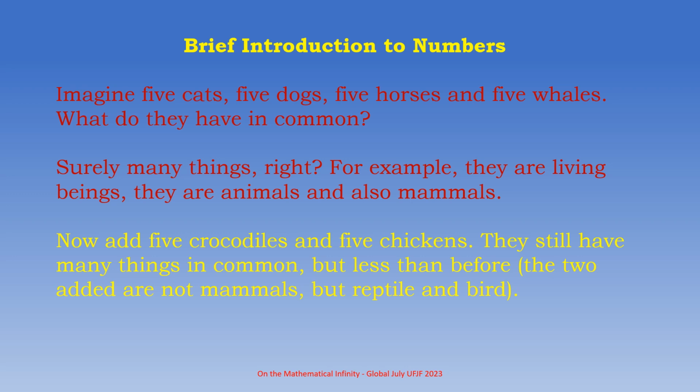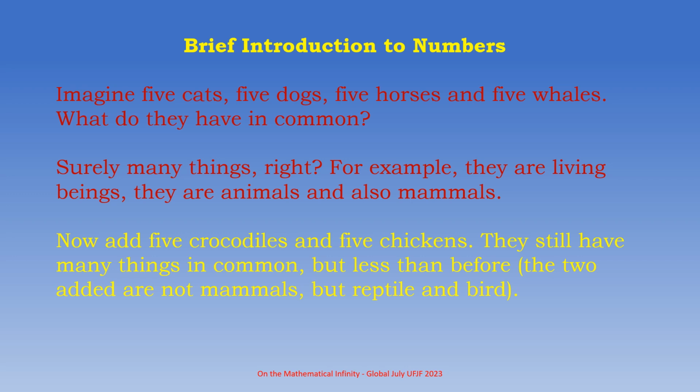But if we imagine 5 more crocodiles and 5 chickens, all these sets of 5 elements still have many things in common, but less than before, right? Because the crocodile is a reptile and the chicken is a bird, or at least similar.